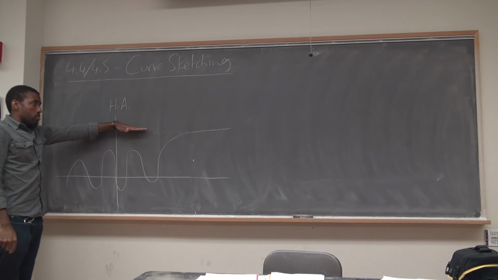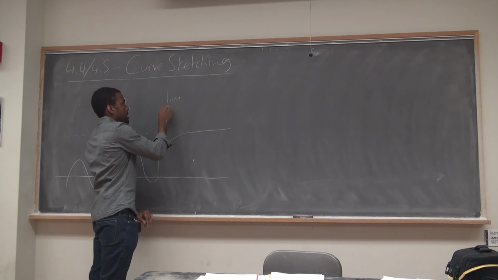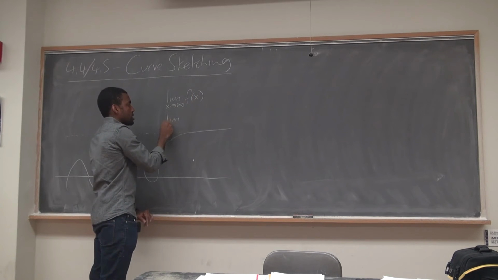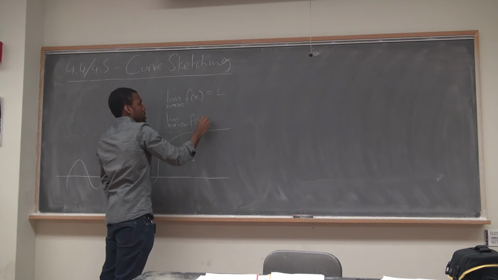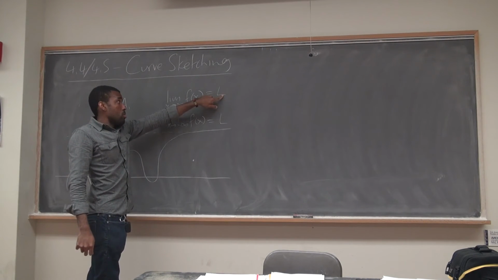Horizontal asymptotes come from limits at infinity, right? So basically, to find a horizontal asymptote, you're going to take the limit as x goes to infinity of your function, and you're going to take the limit as x goes to negative infinity of your function, and you're going to find the answer. As long as your answer is a constant, that is a horizontal asymptote.